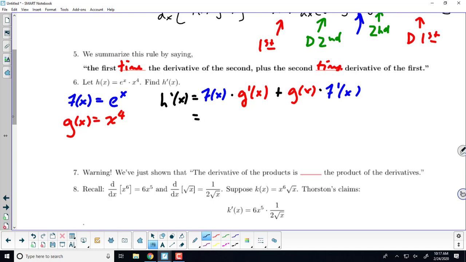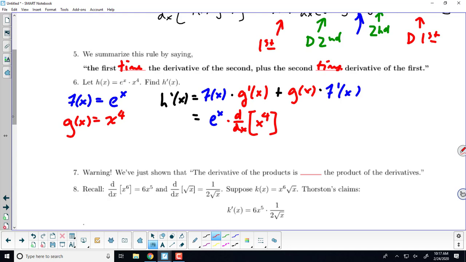We've got the first function, which was e to the x, times, and I'm going to be a little bit pedantic here, folks, just to practice using this notation. Okay? If you don't like what I'm writing on the board right now, ask yourself, is it because you're worried about running out of pencil lead, or because you're still not completely comfortable with this notation? If it's because you're not completely comfortable with this notation, well, let's keep writing it out.